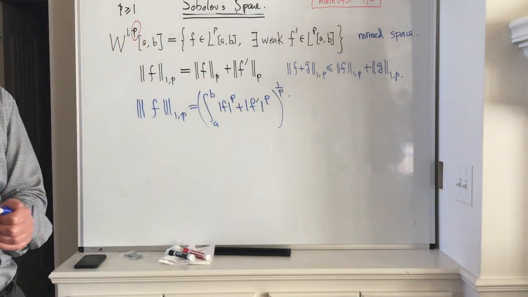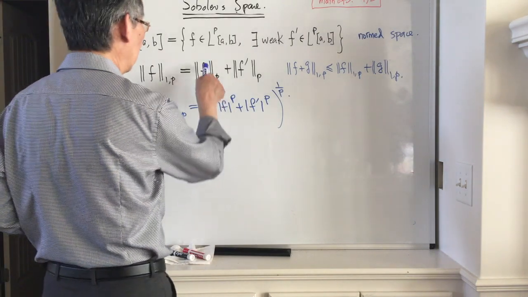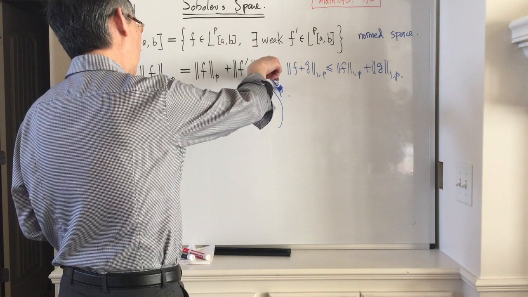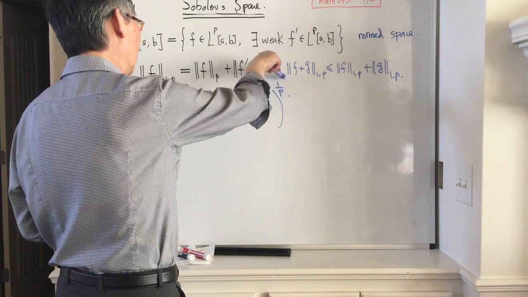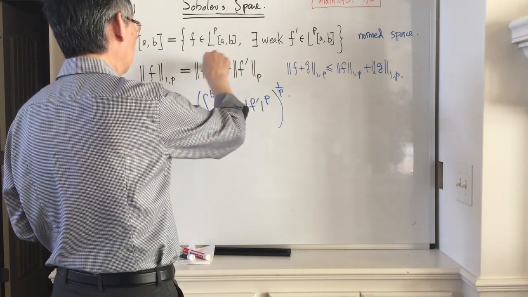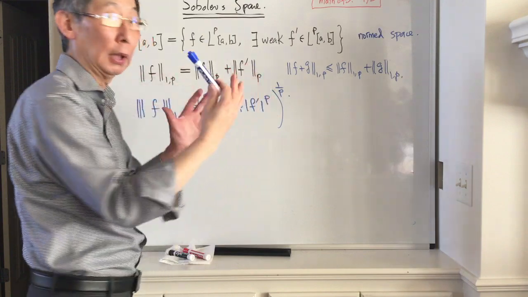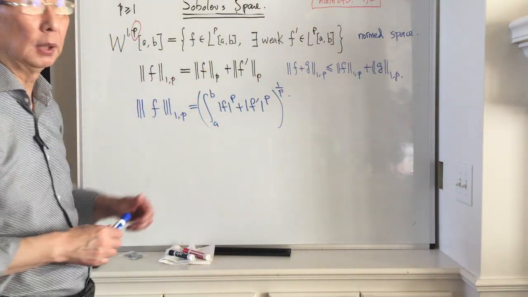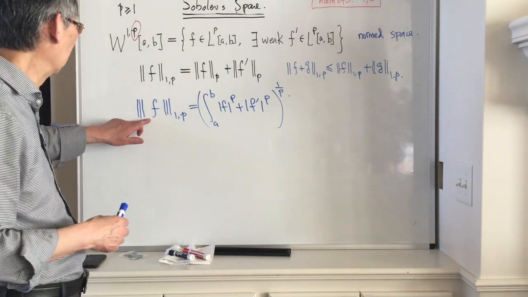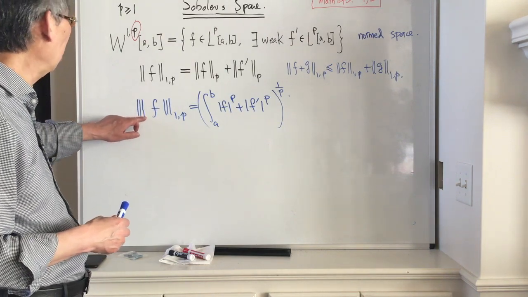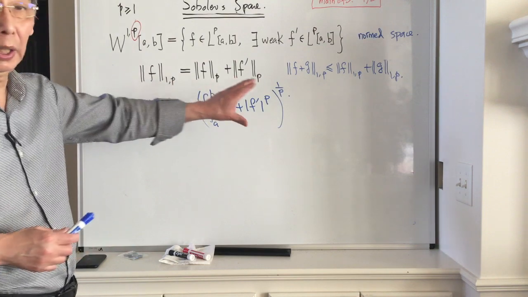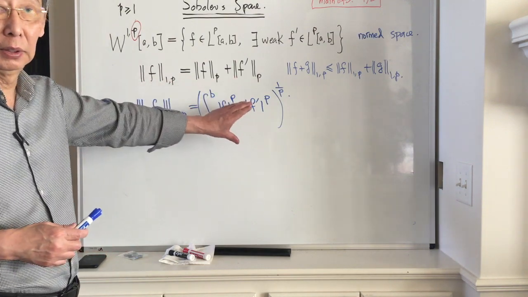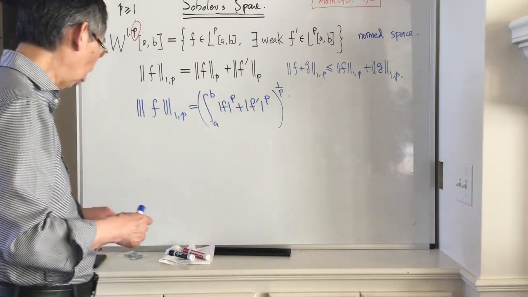Now if you check the details carefully, you can see this is not equal to that, because here the power 1 over p is applied to each individual term, not applied to the sum. So these two are different. In some sense, you can call this a notation, but really it is not a norm in this sense. However, we can show the equivalence.